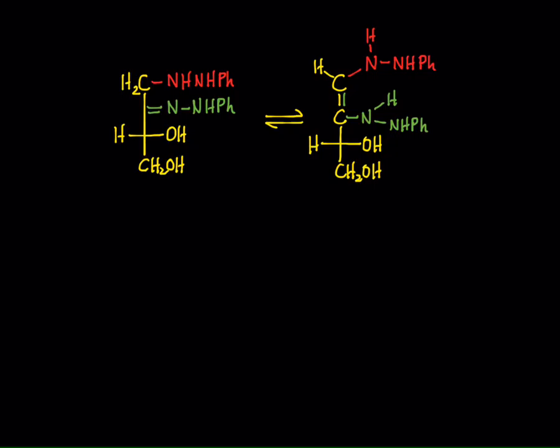What happens is that nitrogen-nitrogen bond, which is a relatively weak bond, can actually dissociate and protonate. So the proton is going to go onto the nitrogen on the right. Notice that what is that going to give me? That's going to give me NH2 with the benzene. That is my aniline, right?